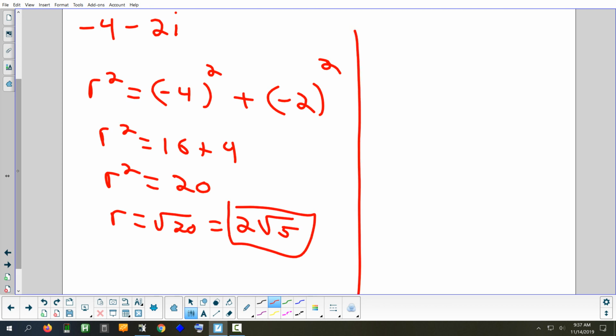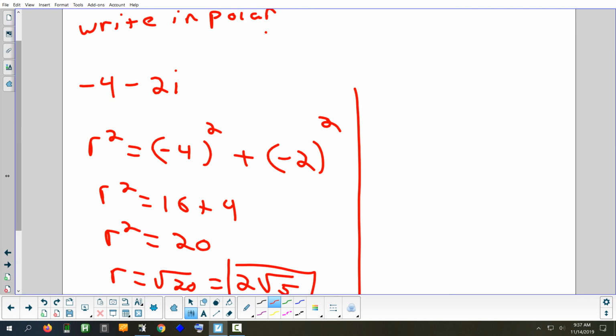Okay, now we have to find the angle. What quadrant is that in? Isaiah? That's quadrant 3. Left and down, quadrant 3. When we're in quadrant 3, do we have to add 180? Yes. If you forgot to, then you're wrong. So make sure you add 180. 180 plus inverse tangent. What goes on the top? Y, which is -2 divided by, yep.